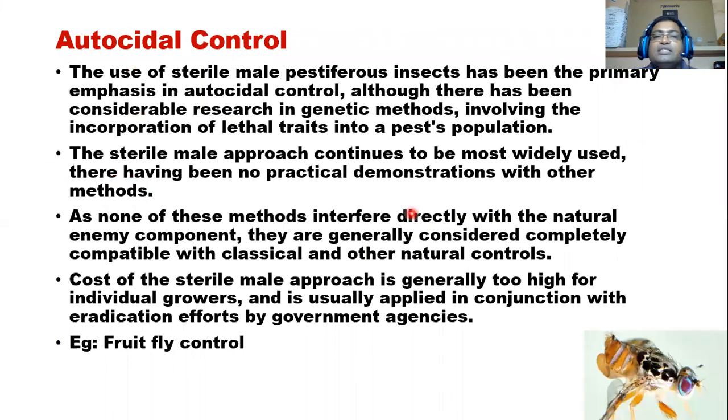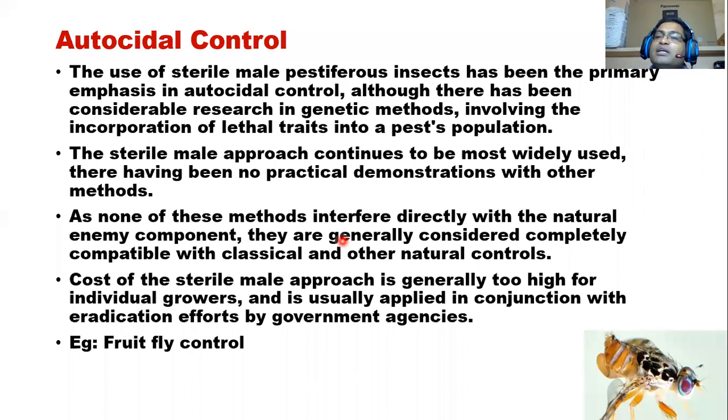So another technique is autocidal control. Autocidal control is an advanced technique. It needs a higher initial cost, so farmers cannot practice it, but the government agencies of every country are practicing it.